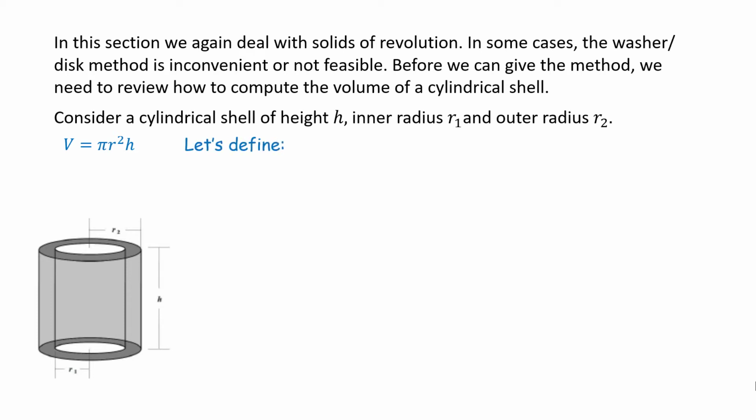Let's define r asterisk as the average of the two radii, that is r sub 2 plus r sub 1 divided by 2, and let's define delta r as the difference of those two radius distances, r sub 2 minus r sub 1.